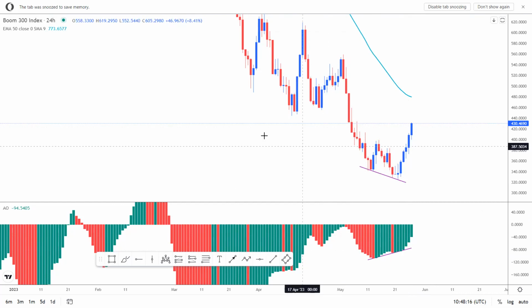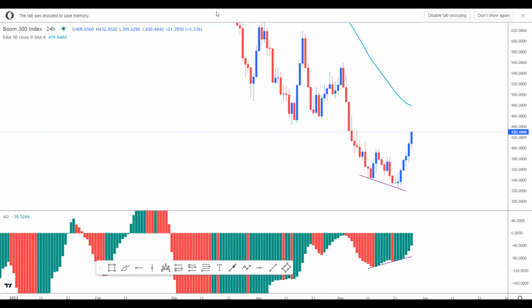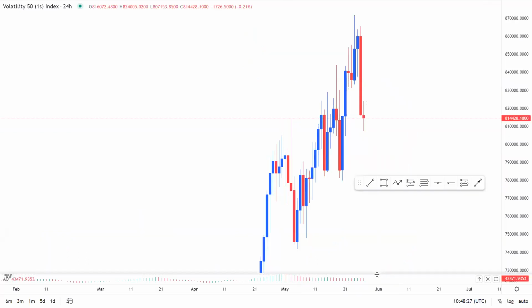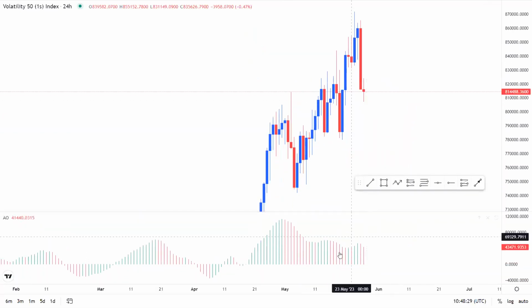The second example would be the Volatility 51S index. Volatility 51S index right here, as you can see in front of your screen.